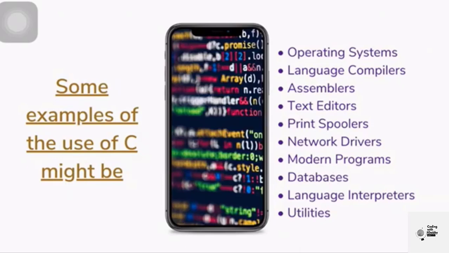Language compilers. See, I talked about translating the C code into something the computer can understand. In this case, it's not different. C is also used to create stuff that translates another language into computer language for it to understand. It's quite funny, but that's how computers work.